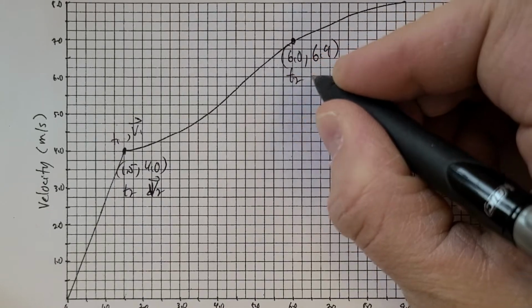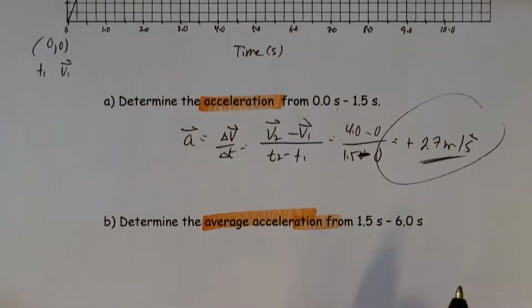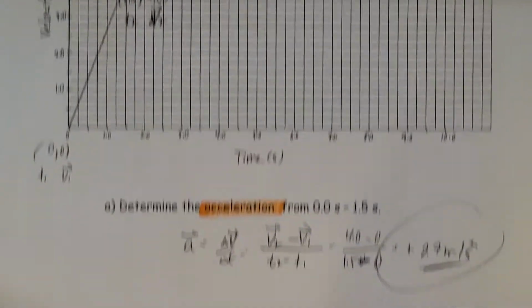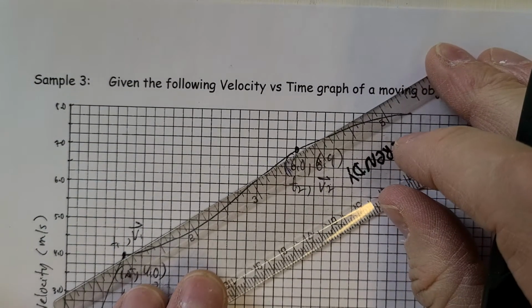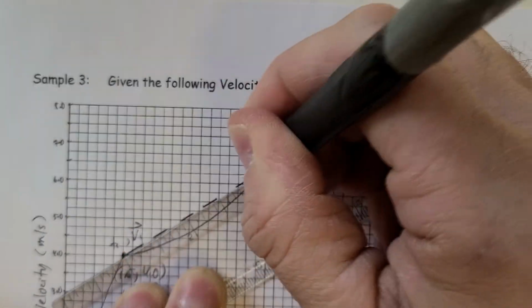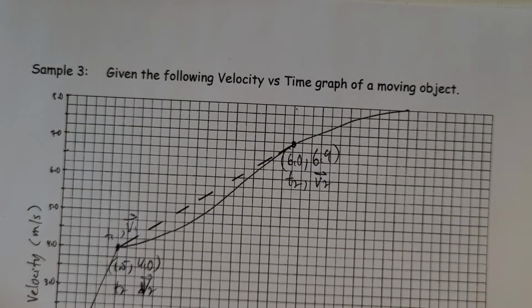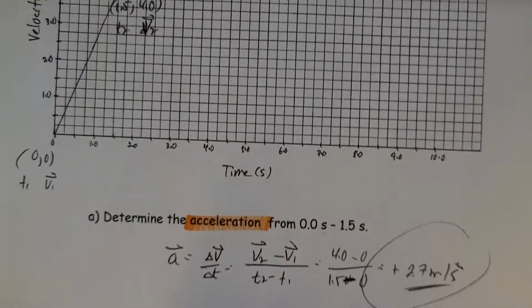So that's T2 V2. And again, it's going to make a difference where I pick my 2 points here. So this is on average, the slope of this line really is what I'm taking. So figure out the slope of a line joining 2 points, and I'd have to report that as on average the acceleration is such and such.